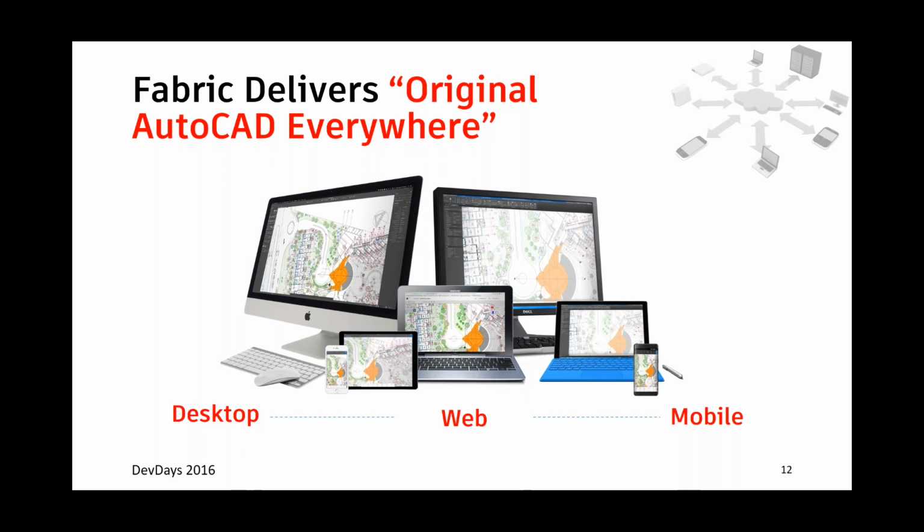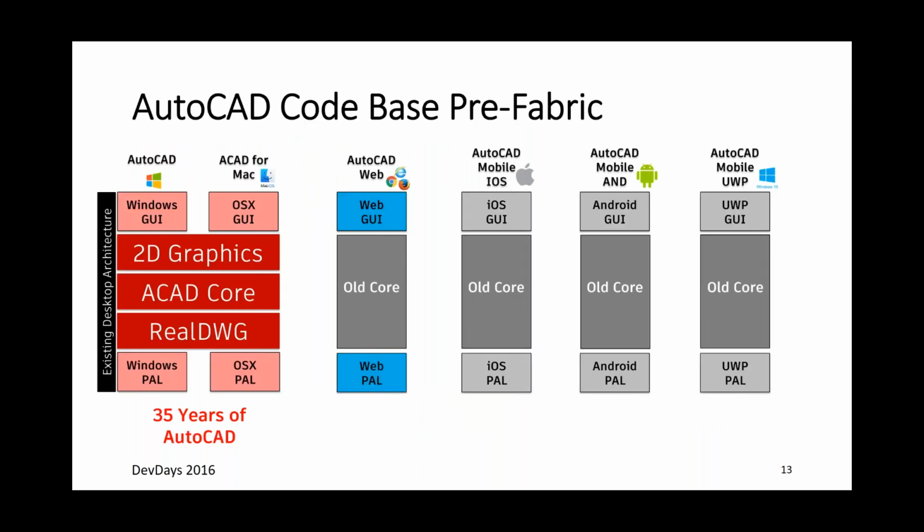In the past, this is what the AutoCAD code base looked like across our platform. We had two separate code bases, one for our desktop products, Windows and Mac, and one for our mobile applications and web viewer. And you can see we had separate versions for iOS, Android, and UWP.